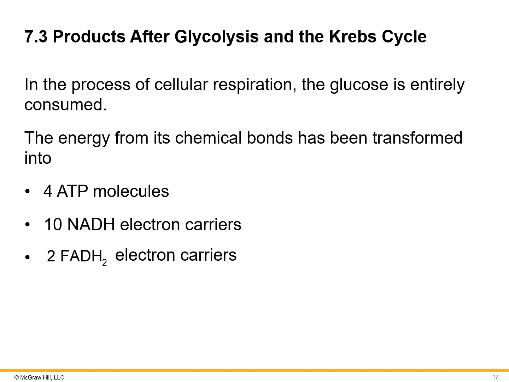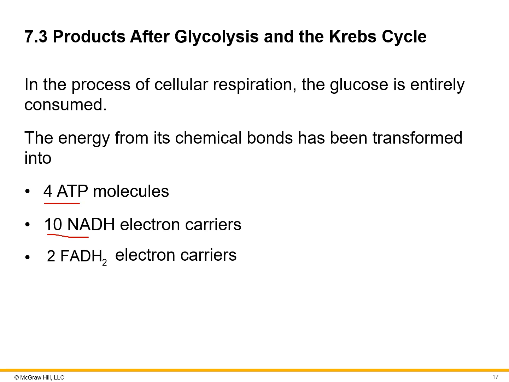All right, so by the time the Krebs cycle is completely over, from 1 glucose molecule, the cell has gained 4 ATP. It received 2 from glycolysis and 2 from the Krebs cycle. It has 10 NADH molecules.